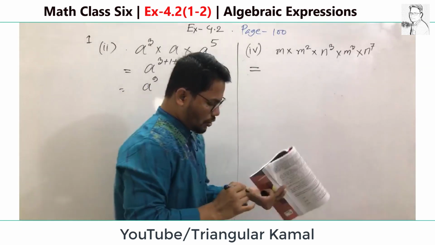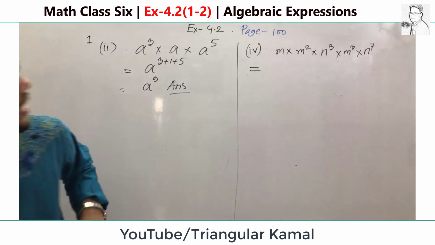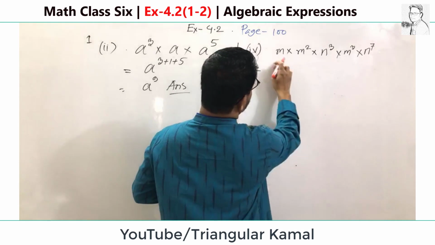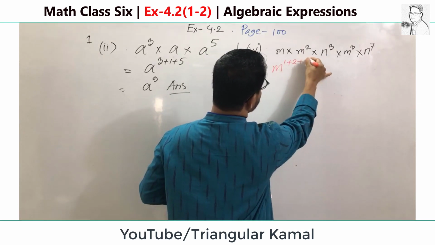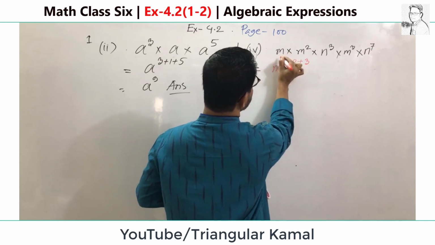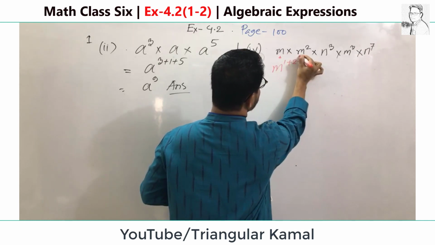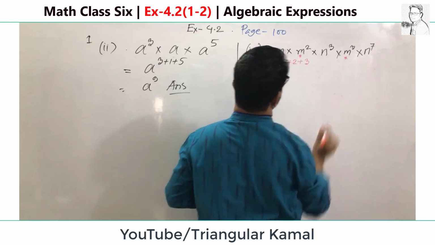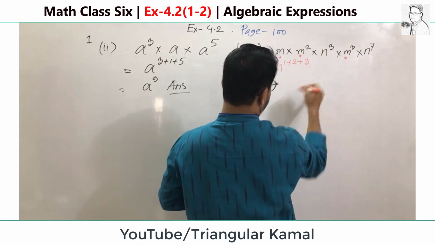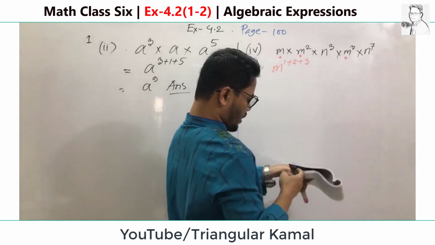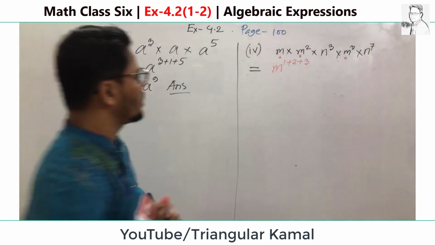The second question, give attention here. How many n here? n to the power 1 plus 2 plus 3. m, this is the m, there is also m, there is also m. So m to the power invisible 1, 2 and 3. The next one, we can write here the n.